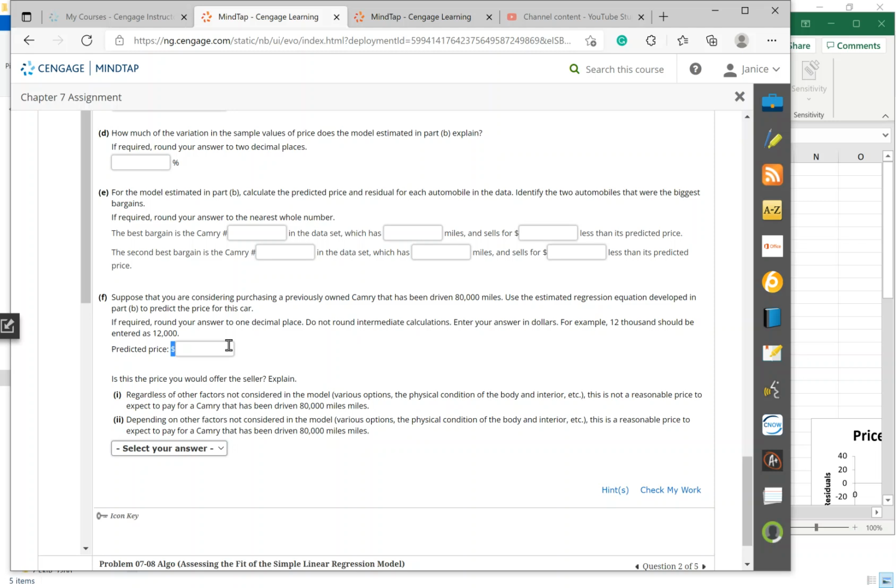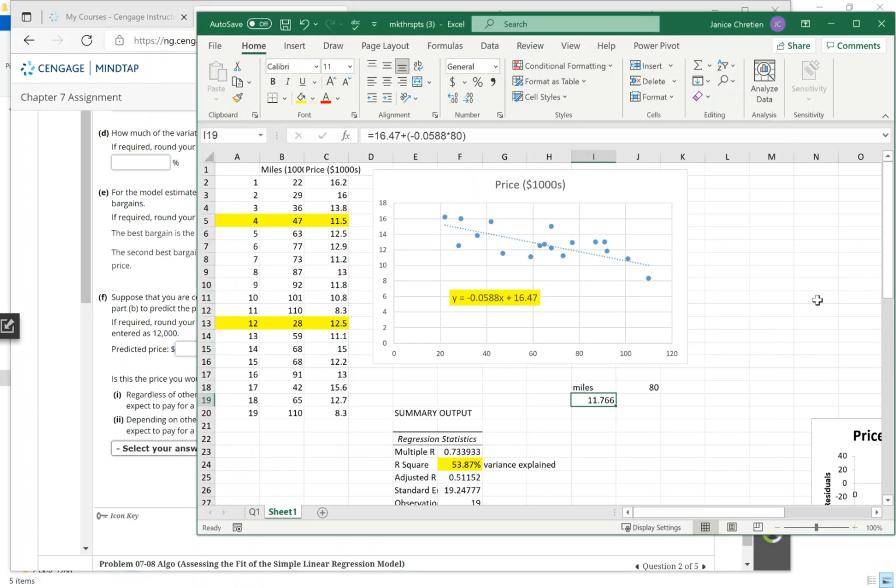That would be the answer for the predicted price. And then you're going to answer some questions about the Camry that you've determined from the equations that we've worked. And I will stop there and pick up with question 3 on the next video.